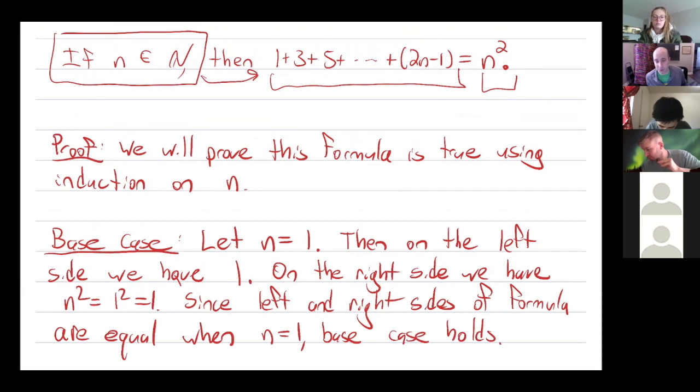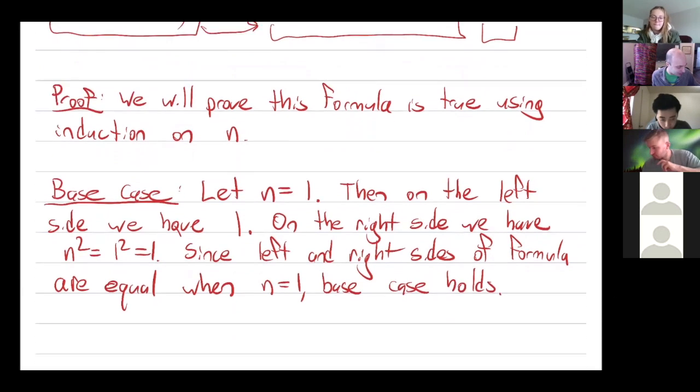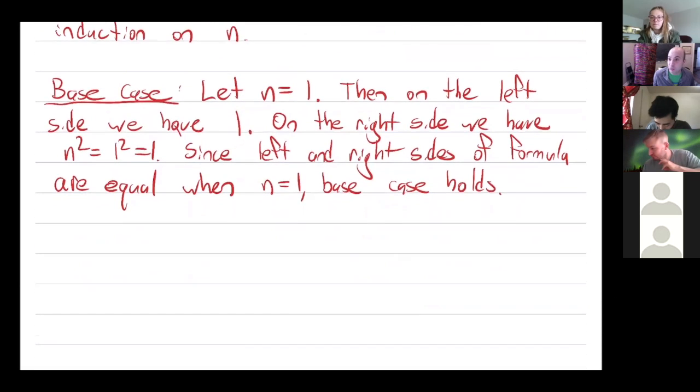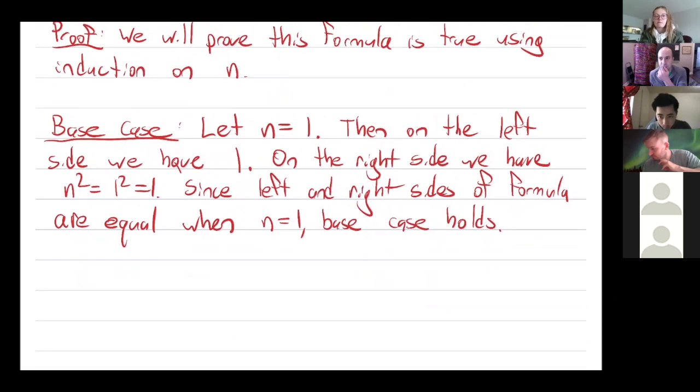There's nothing wrong with my one sentence, really succinct description, but if you want to be more thorough about it, this certainly lets the reader know exactly what you were checking to make sure that case worked out. Typically, the base case is really, plug n into a formula and make sure you get the same thing on both sides. That's not always going to be the case, but in a lot of situations that's all you need to do.